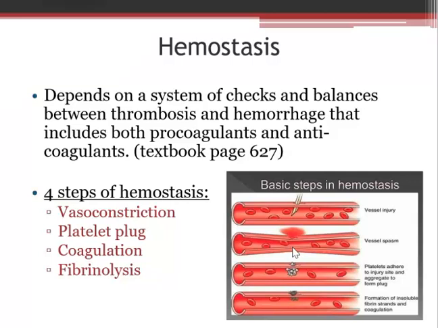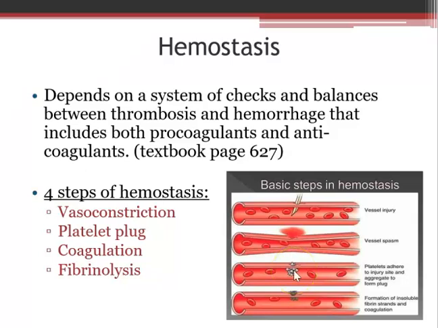The platelet plug is formed next. This is where the platelets start to clump together, and we saw this when we were talking about our platelet lecture. And you will see an example of the platelet plug start to form here in the image. Platelets adhere to the injury site and aggregate to form a plug.